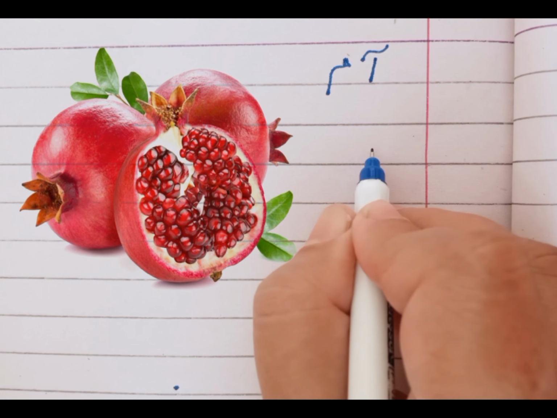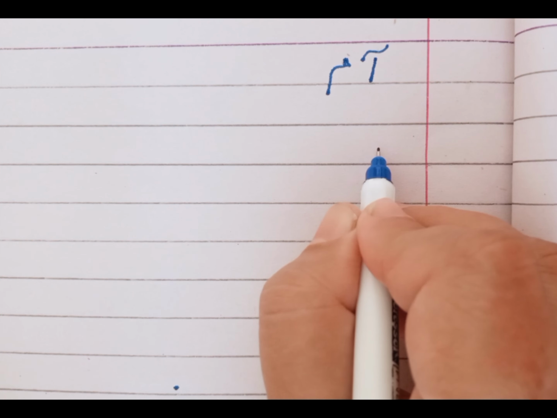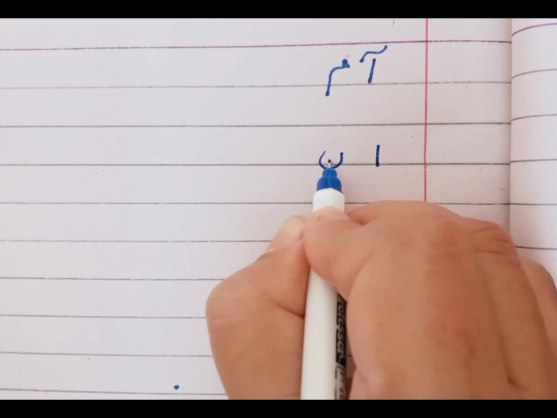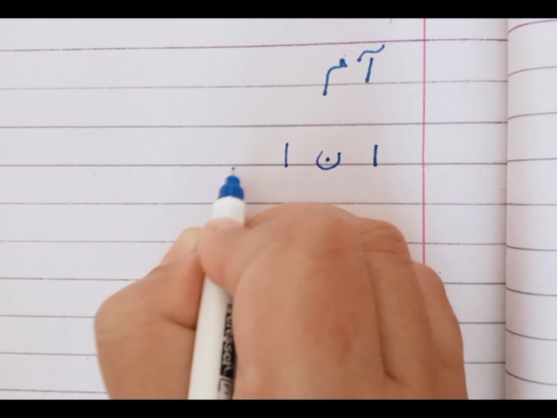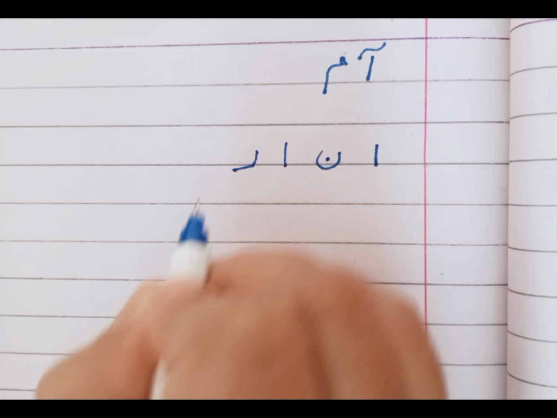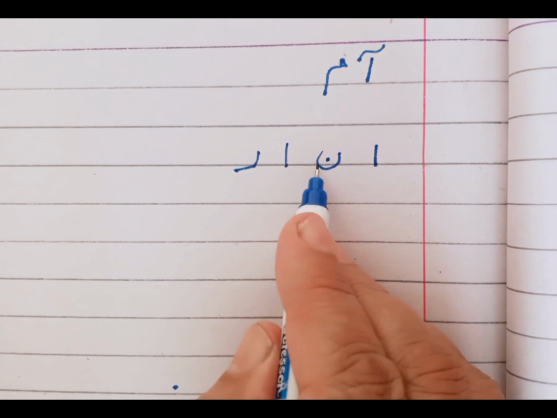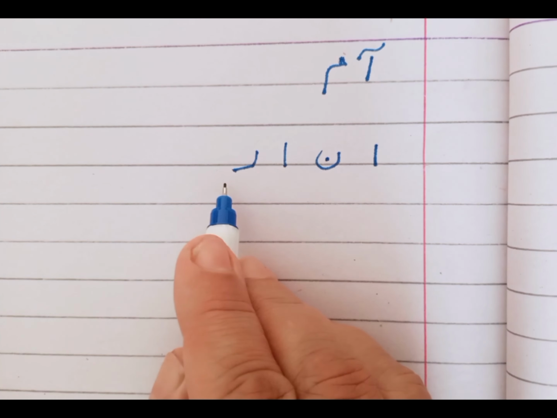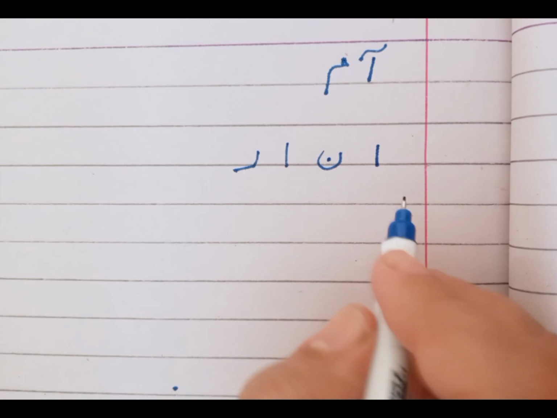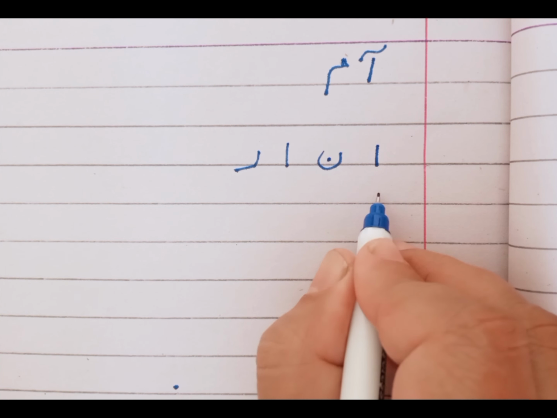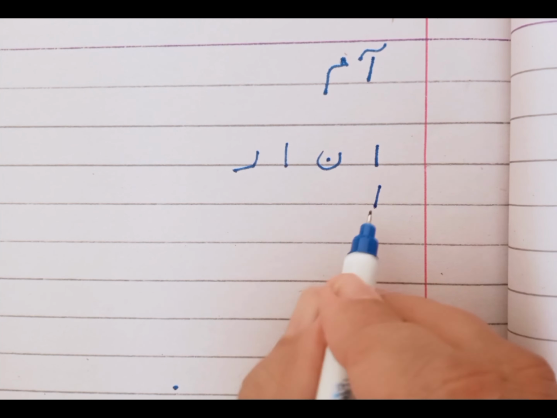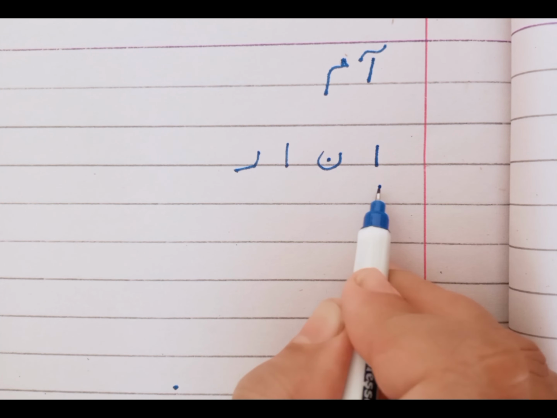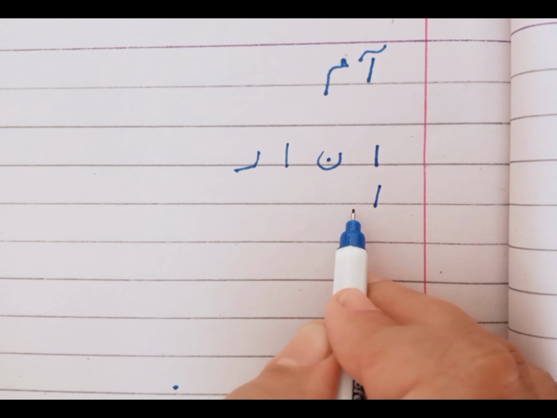Anar means pomegranate. In Anar, these letters come: Alif, Noon, Alif, and then Re. Anar. Now you will join these letters to make the full word. How to write Anar? When you write Alif, you cannot join this Noon after Alif, because this is the rule, that after Alif you cannot join any letter.